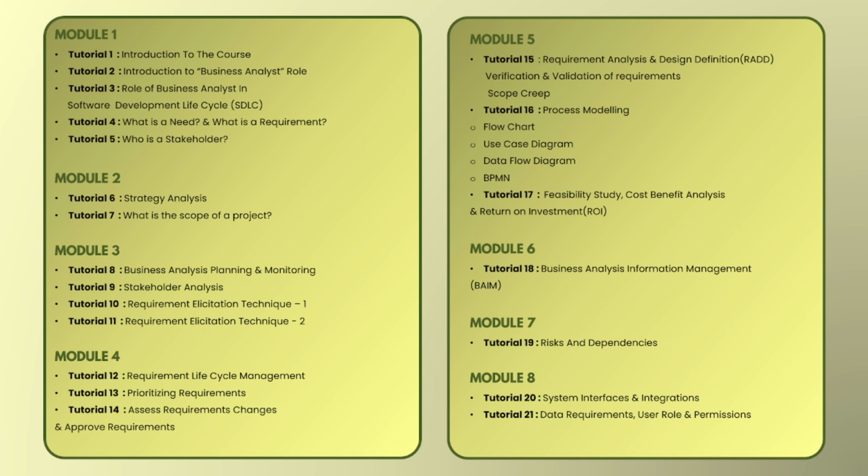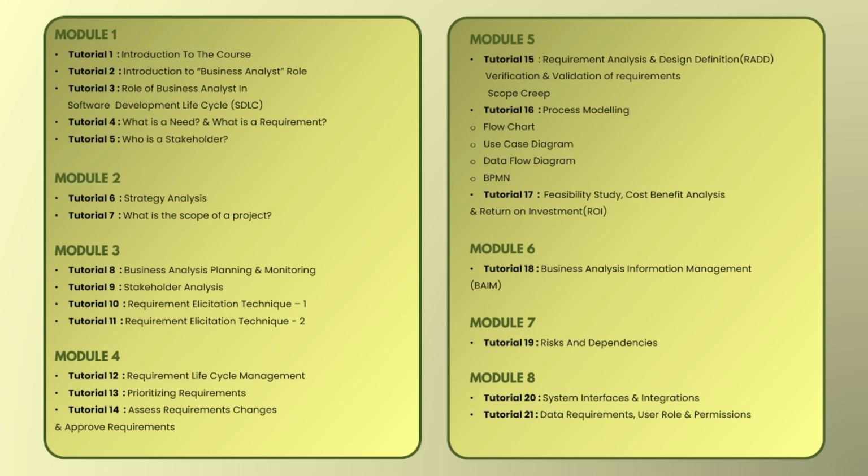Whereas in module 4, we covered requirements lifecycle management, where we saw how to guide, manage and control the requirements throughout the project. In module 5, we studied requirements analysis and design definition, where we learned defining, validating and designing solutions while avoiding scope creep.